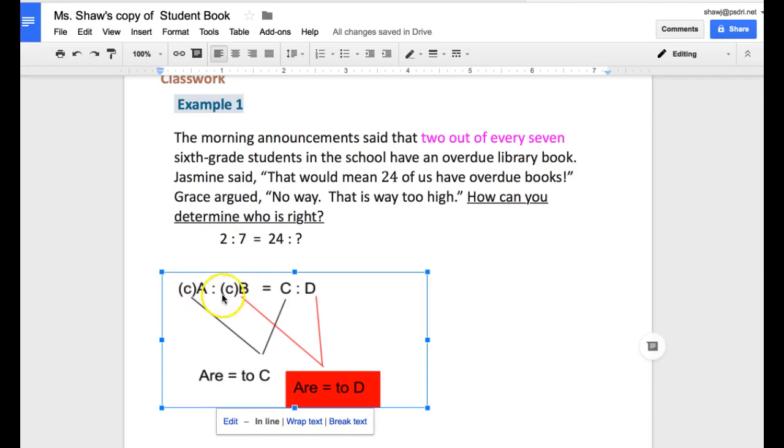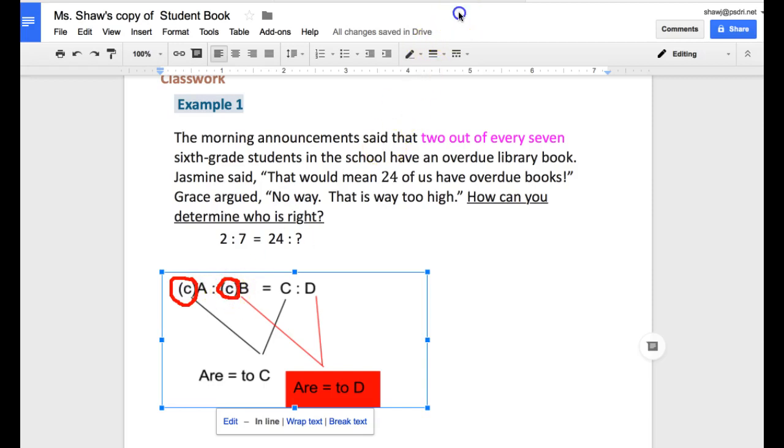We have 2 letters, A to B, and we multiply them. This sign here means multiply. We multiply them by a number that is the same number, and we notice at this point it's represented by the letter lowercase c and the letter lowercase c over here. That means it's the same number.